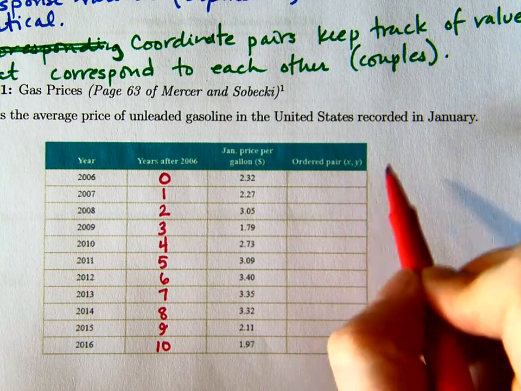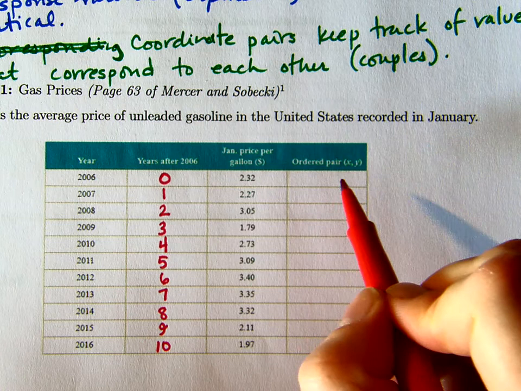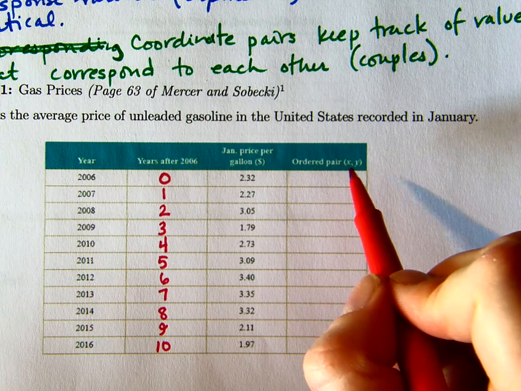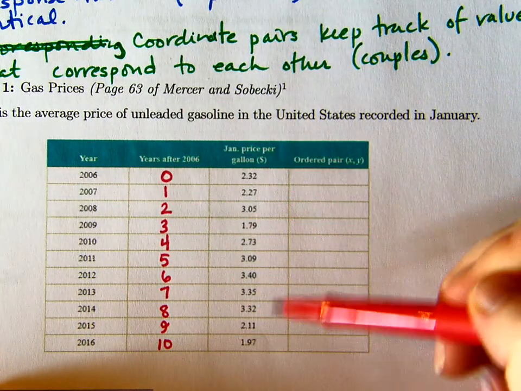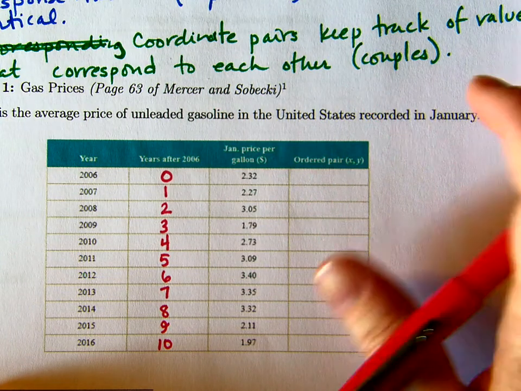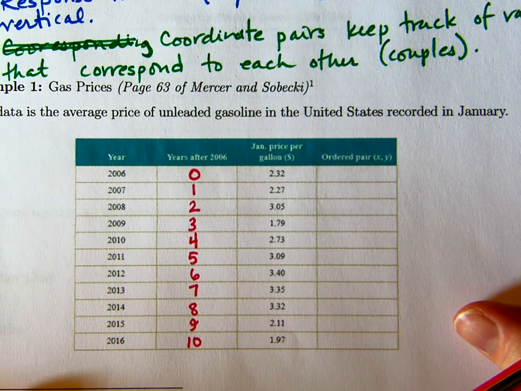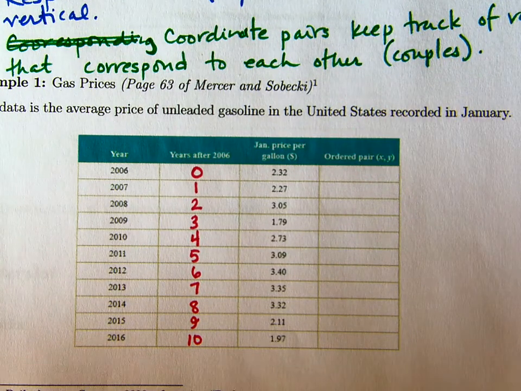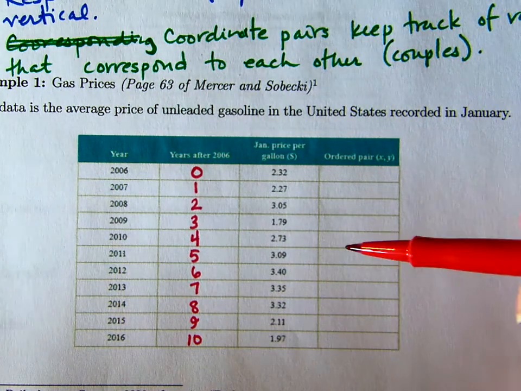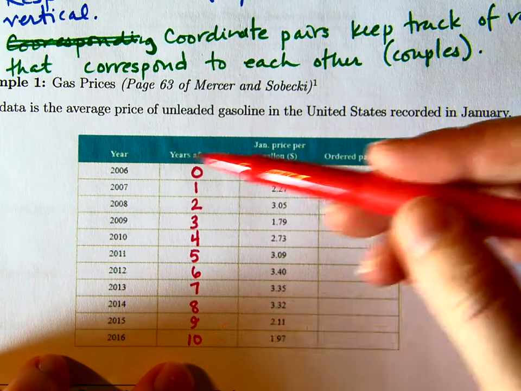Again, this is kind of vague in your textbook, but what they're really saying is that X is the independent or explanatory variable, and really time is independent of the price per gallon in the United States. This data is the average price of unleaded gasoline in the United States recorded in January. The price per gallon does not explain what year it is.